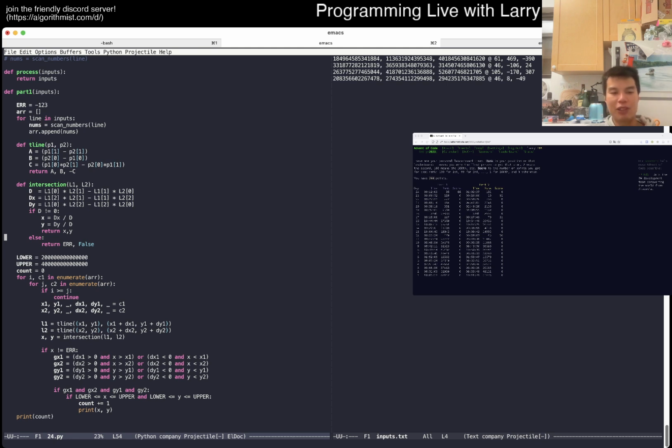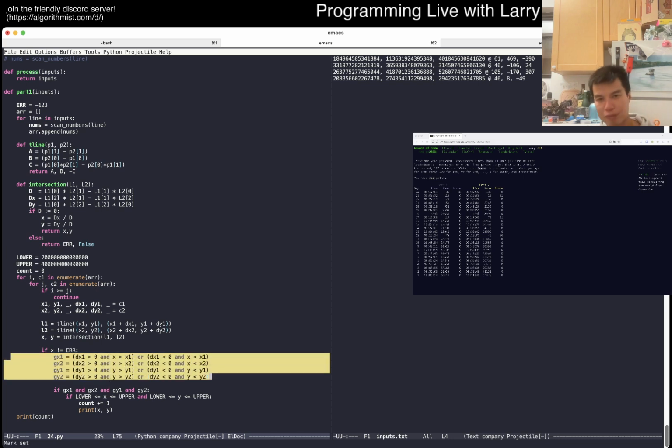I think the tricky part, and I don't know if this is true, is that you have to make sure that t is greater than 0, I guess, is the idea, right?